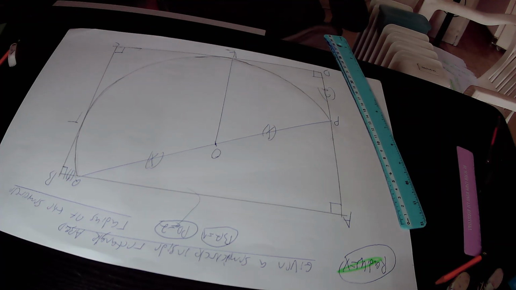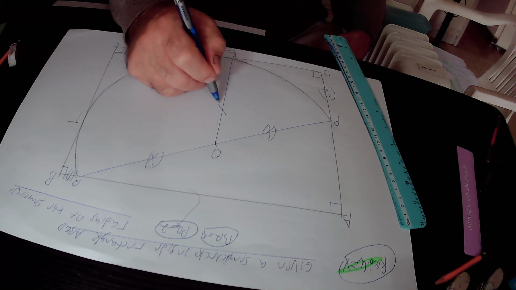Point O is the center of the semicircle, point L is a point on the semicircle itself, therefore OL is the radius of the semicircle, that equals x.